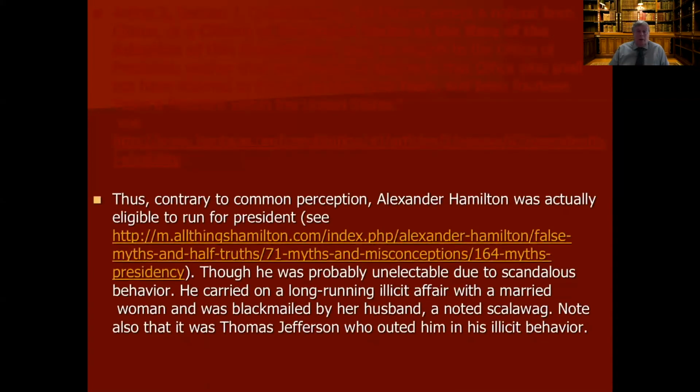So, contrary to common perception, Alexander Hamilton was actually eligible to run for president. He was not a natural-born citizen, born in the West Indies.